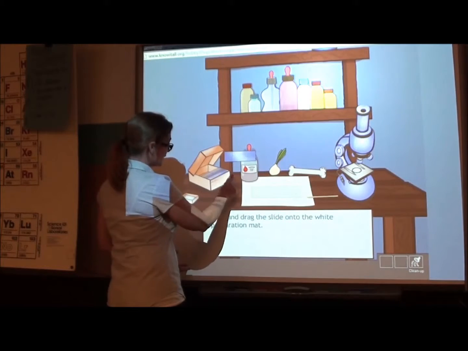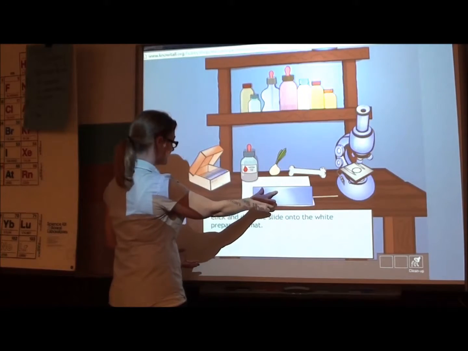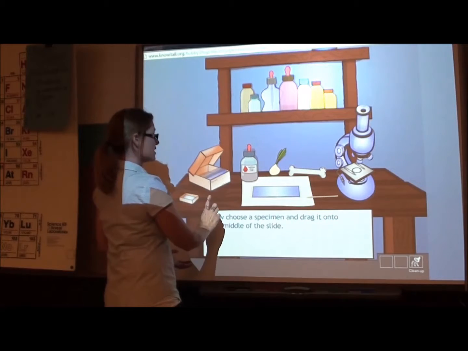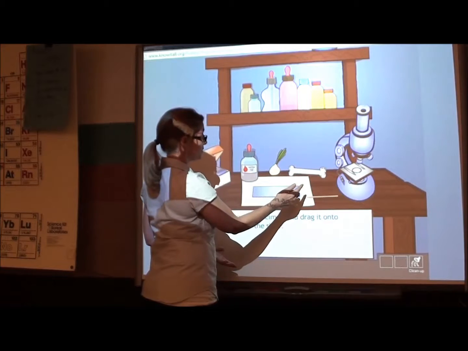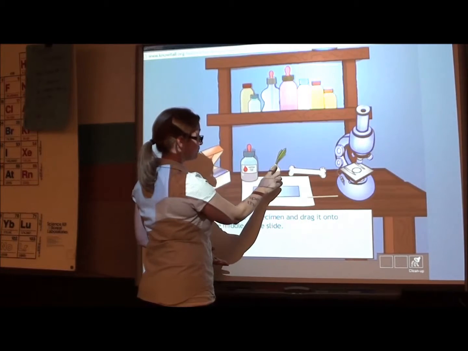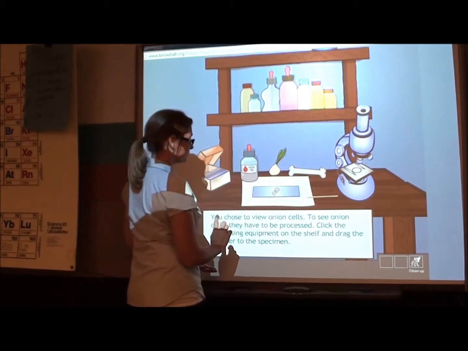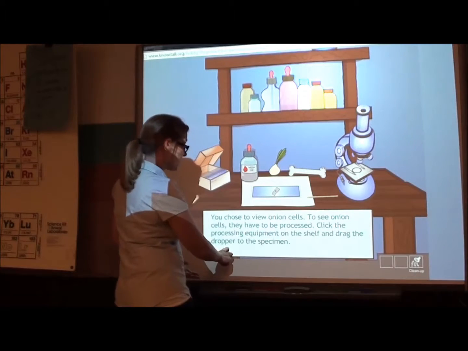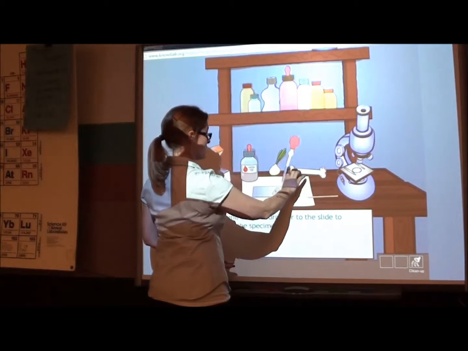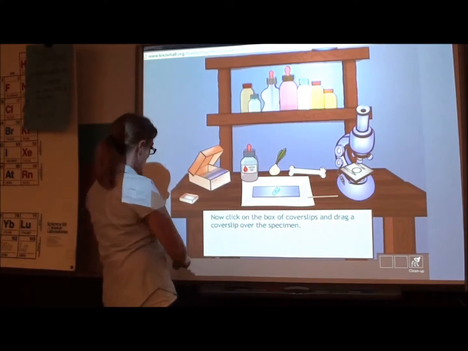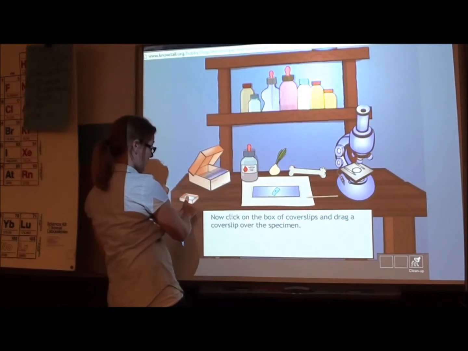So what we do here is we get a slide, and then we get to pick. You can either pick red blood cells, an onion skin, or a piece of bone. So I'm going to do the onion skin, and it says we have to have a dropper, so we need a dropper right there. Alright, now we need a slide cover or a cover slip.